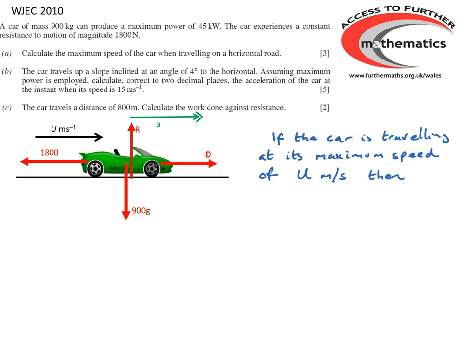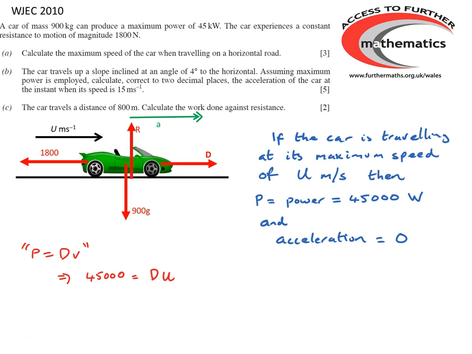Now, if the car is travelling at its maximum speed, then that means the engine must be working at its maximum power, and there will be no acceleration, because the speed is the maximum. So therefore, dv by dt, in other words the acceleration, will be 0.